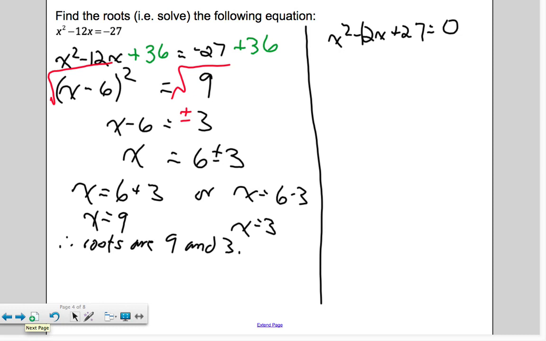Well, we have something that's equal to 0, maybe we could try to factor this. So my product here is 27. 1 times 27 is 27. My sum is 12. So what two numbers multiplied to 27 add up to 12?